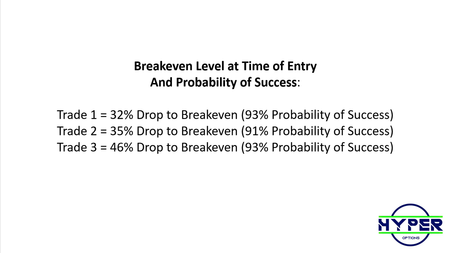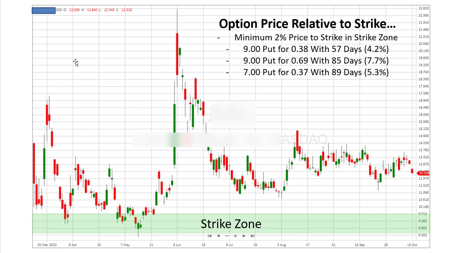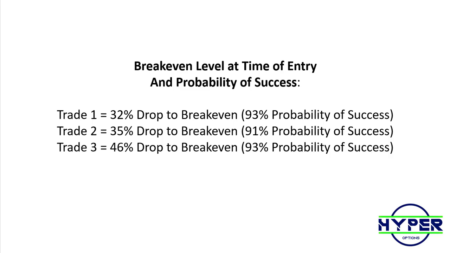If you're going to sell puts, the break-even level is going to be the strike price minus the premium brought in. For trade number one, the $9 put that brought in 38 cents, the break-even point for that particular stock required the market to move down 32% within the next 57 days in order for that trade to break even.